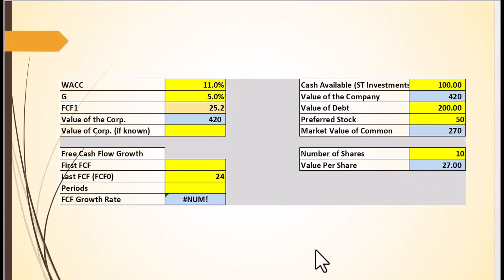We ultimately end up with that $27 of value per share. Now, as we move forward in these videos, we're going to complicate this model. We're going to add to it. We're going to change some of the variations of the variables, but we want to explore again, how do you increase the value of the company?